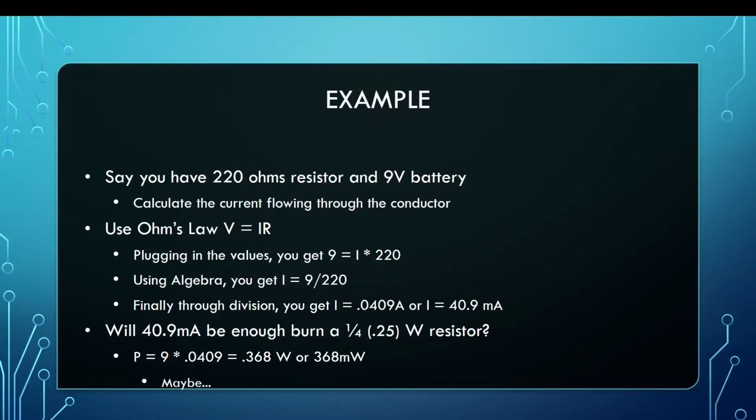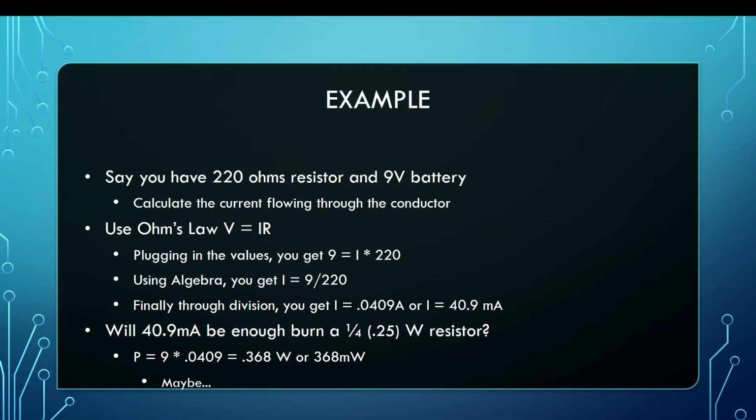For the first example, say you have a 220 ohm resistor and a 9-volt battery, and it wants you to calculate the current flowing through the conductor. You use Ohm's law, replace V with 9 and replace R with 220, and you get 9 equals I times 220, with current being the unknown variable. Using algebra, you get I equals 9 over 220.